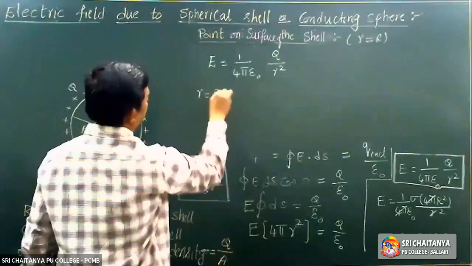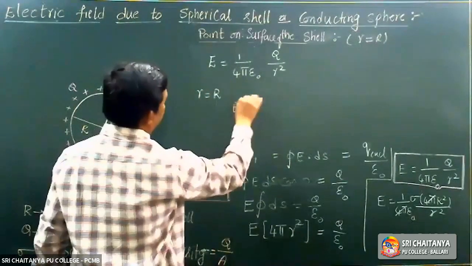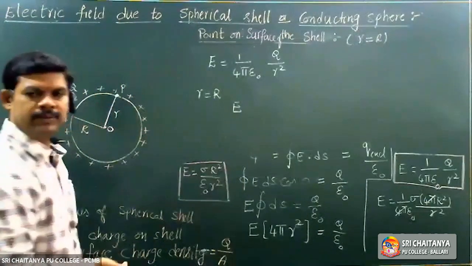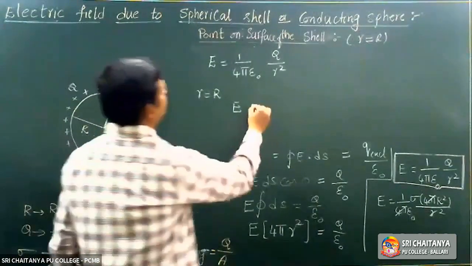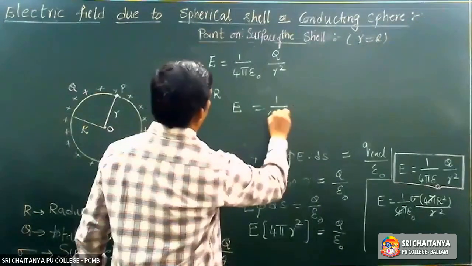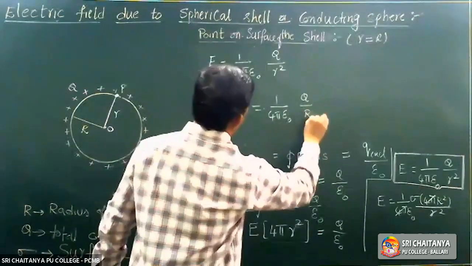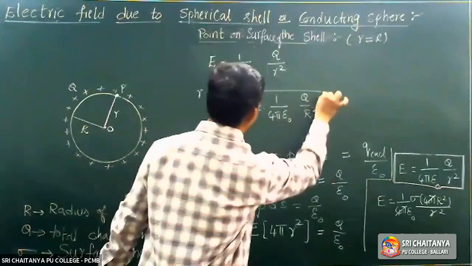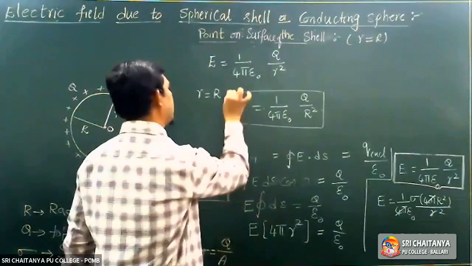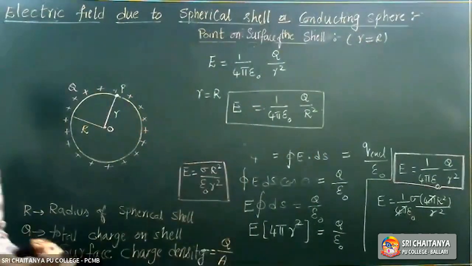When small r is equal to capital R, then E is equal to what? 1 by 4 pi epsilon naught q by capital R square. This is the formula on the surface, right?